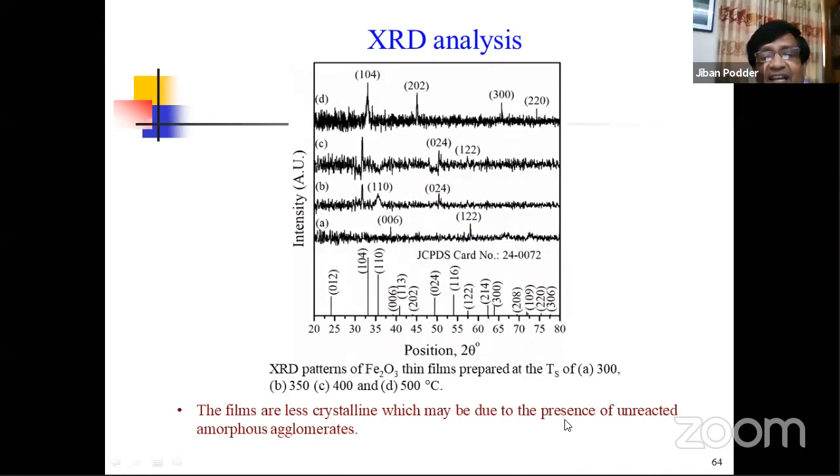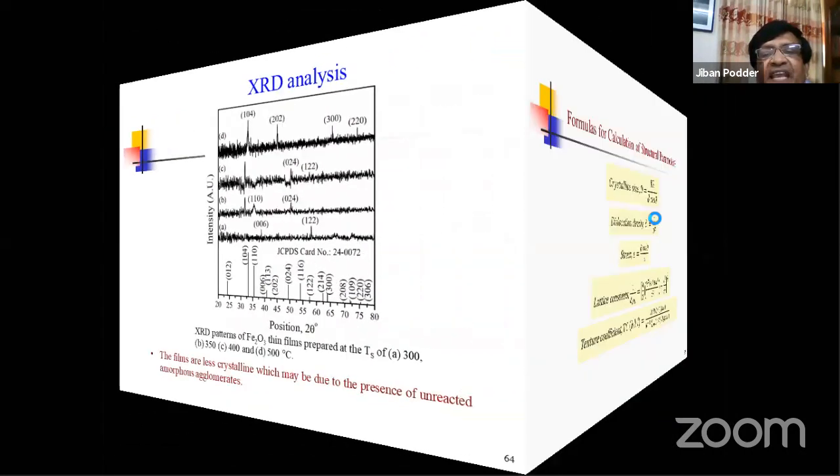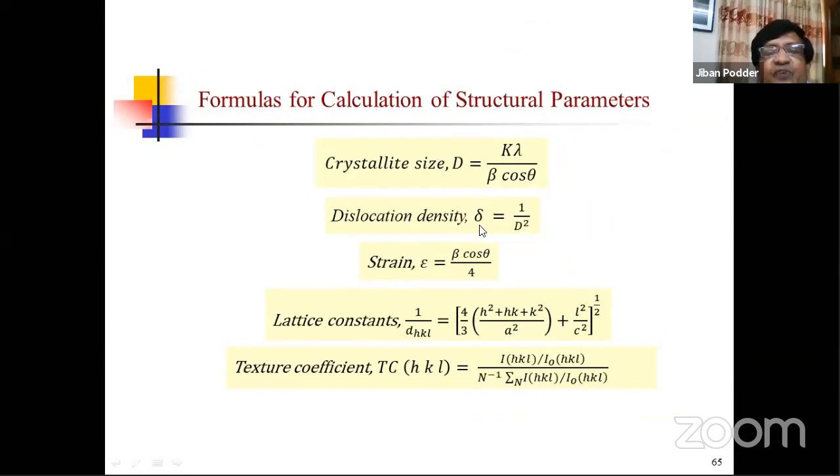The presence of unreacted amorphous agglomerates means the oxides do not form completely. There is some remaining unreacted material, and because of that we have less crystalline structures here. Again, the equations I already mentioned in my previous lectures.